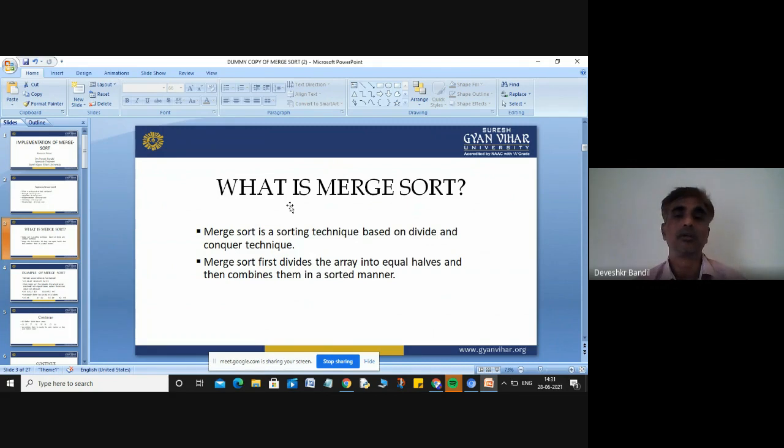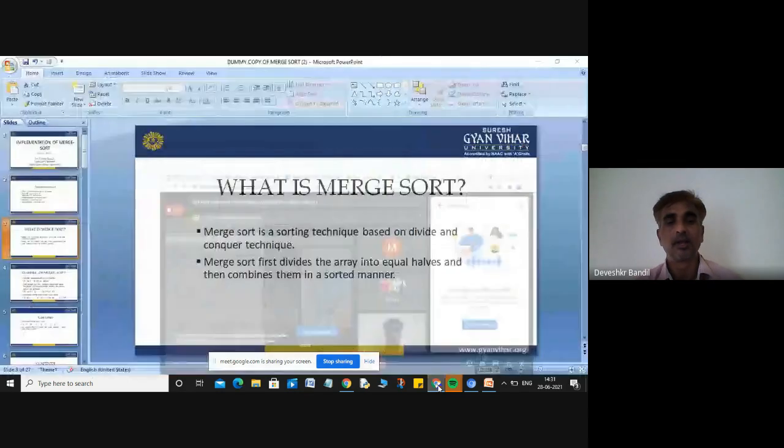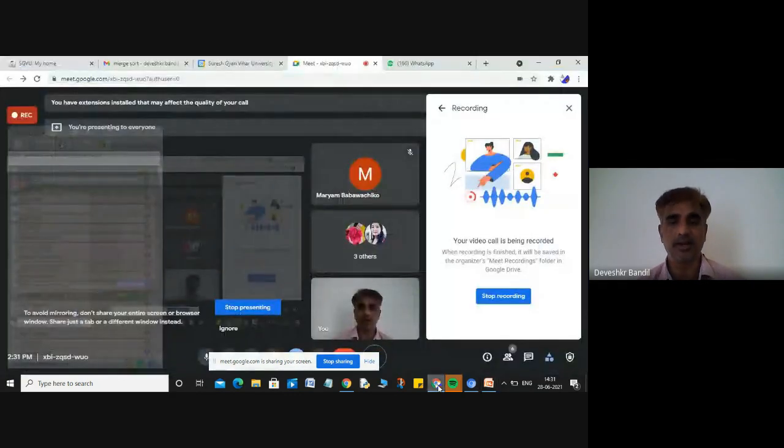First of all, I will discuss what is merge sort. Merge sort is one of the sorting algorithms, like quicksort, bubble sort, radix sort, insertion sort, etc. Merge sort is based on the divide and conquer technique.